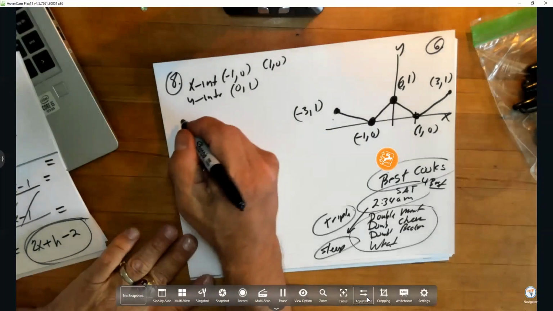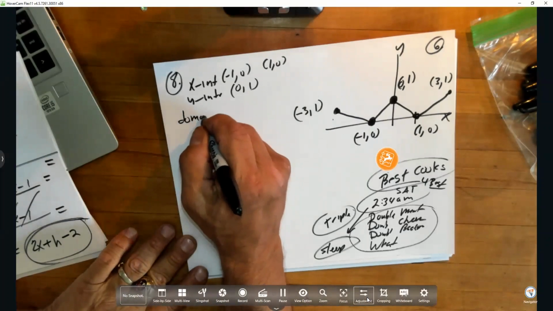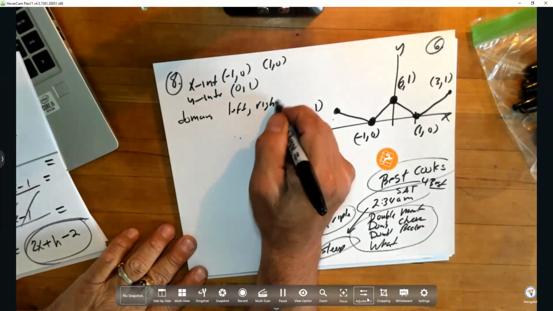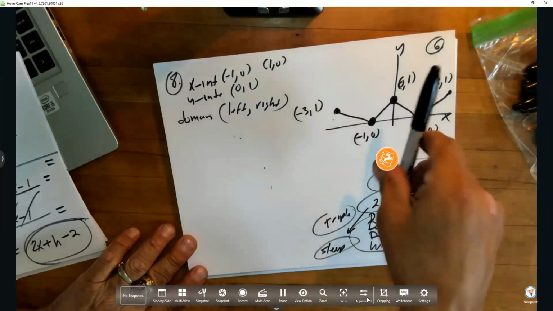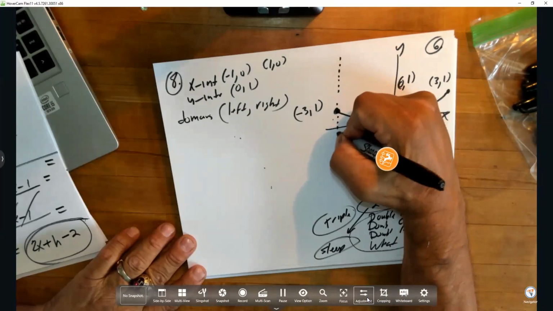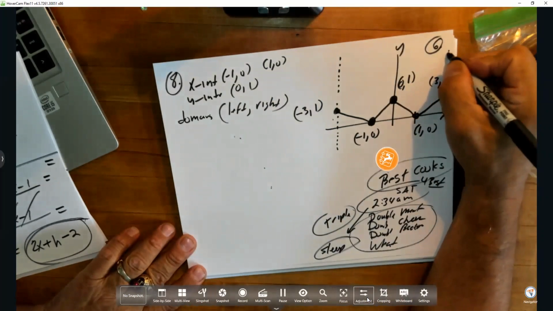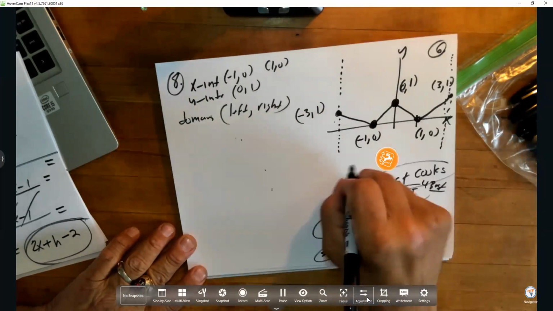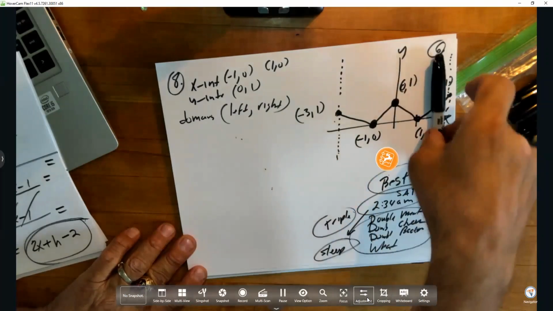This is the domain also. Let's read what domain is. Domain just means left and right. I'm going to put a little dotted line so you can see where I'm cutting off this picture. So to the left and right.